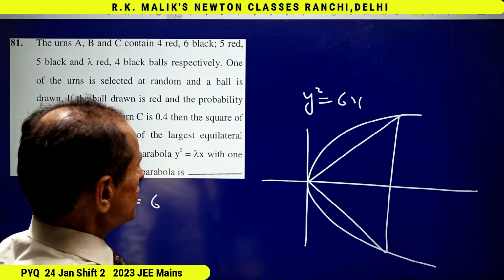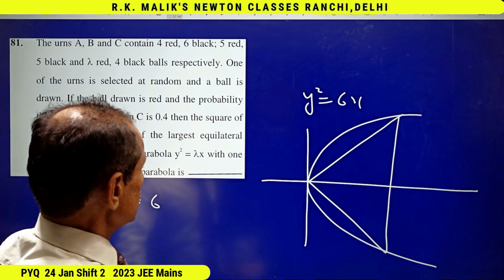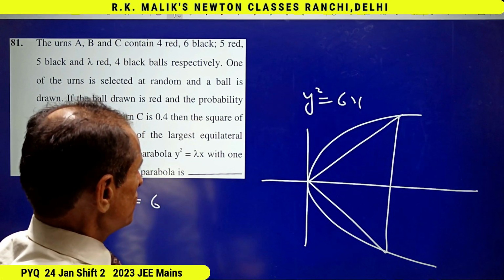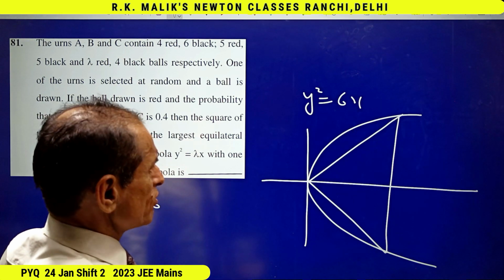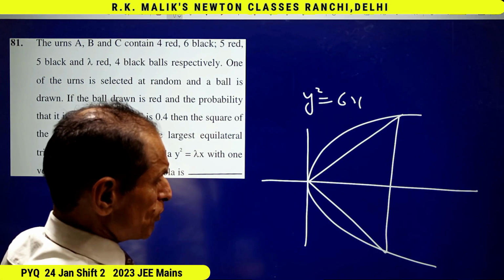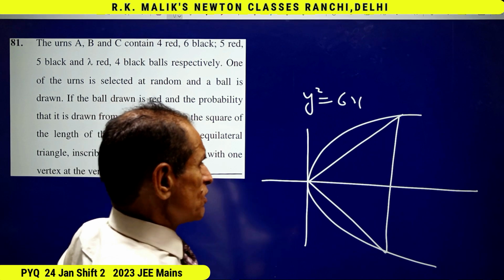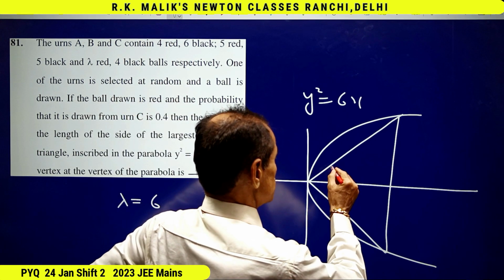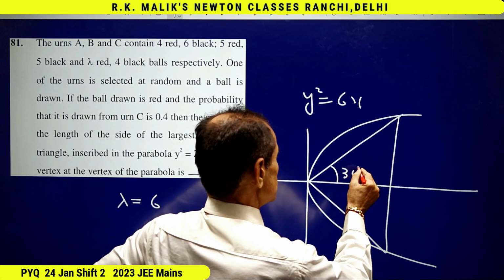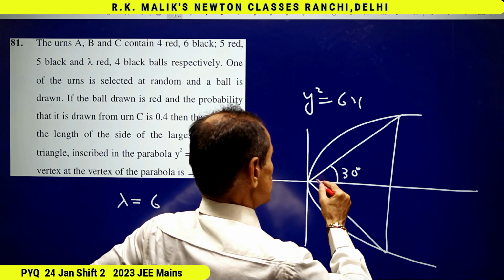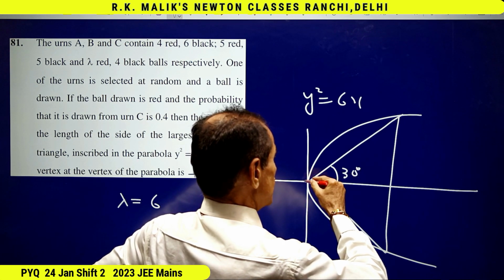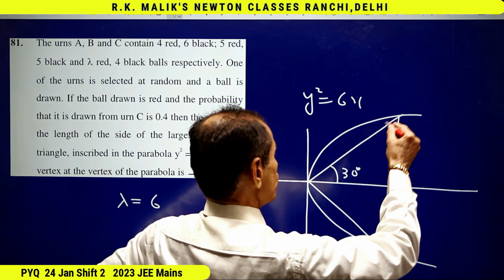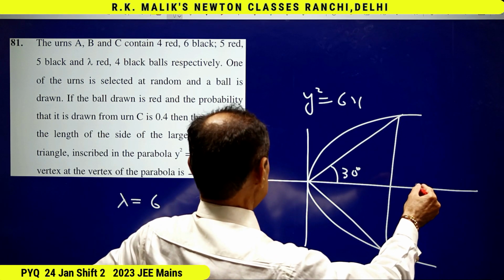Actually, this word largest is given just to confuse the students, because there is only one equilateral triangle possible in this parabola. Because this whole angle is 60, this angle is 30, and if this angle is 30, that is, this line is making an angle of 30 degrees with the axis of the parabola.